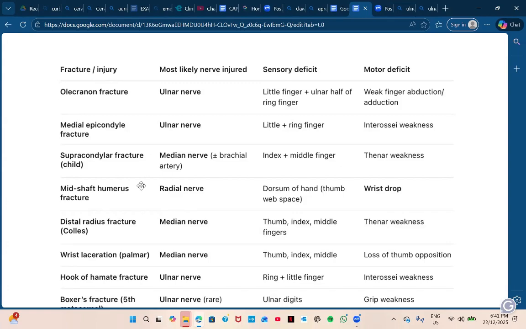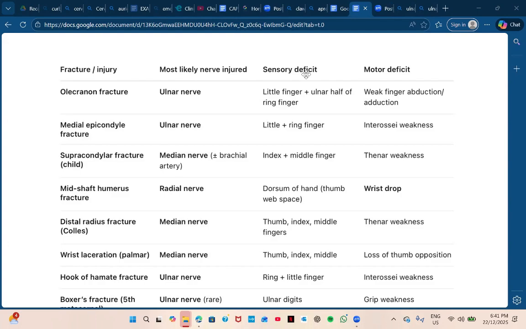We are done with olecranon fracture. Then what happens in the medial epicondyle fracture? Please remember, in medial epicondyle fracture we can also see ulnar nerve damage. And what about supracondylar fracture? What branch of the median nerve is affected in supracondylar fracture? You have to answer me.